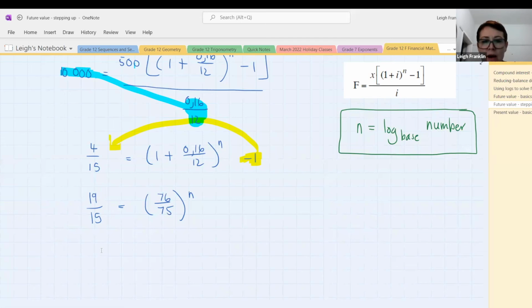Now I'm going to use what I wrote in green here. So n equals log base 76 over 75, my base, and my number here is 19 over 15. Then we're going to use that button in the top right-hand corner of our calculators.